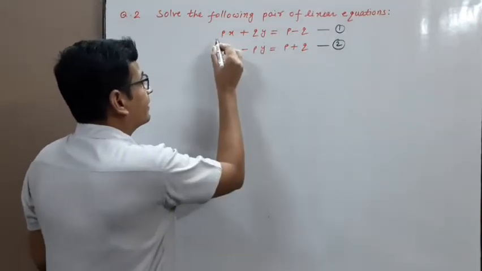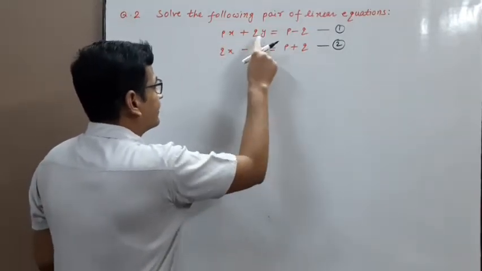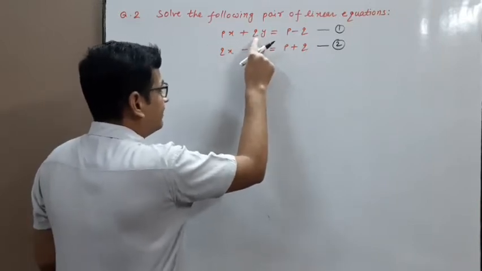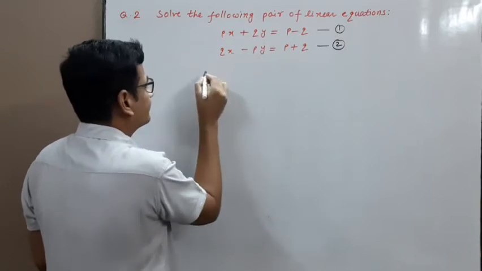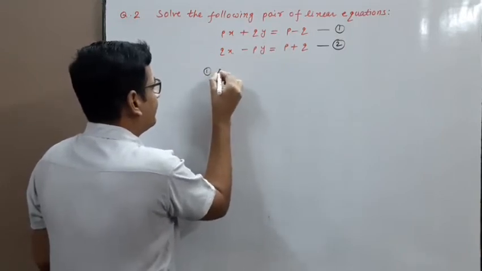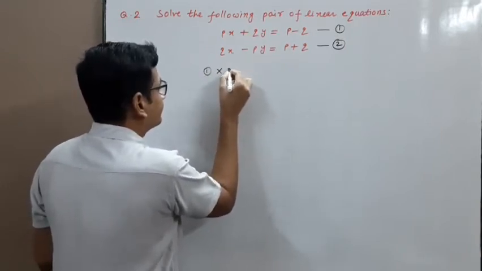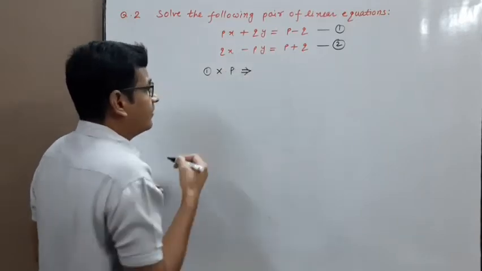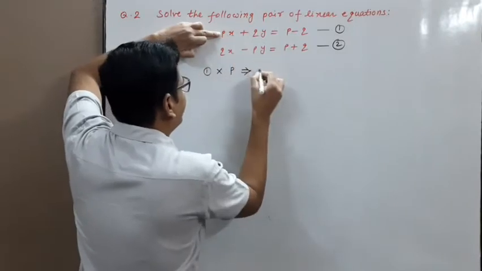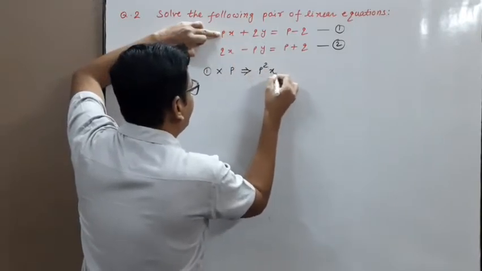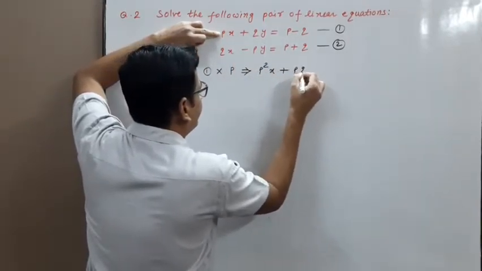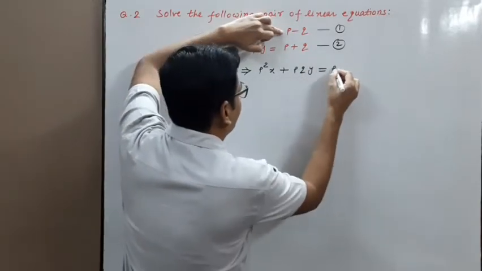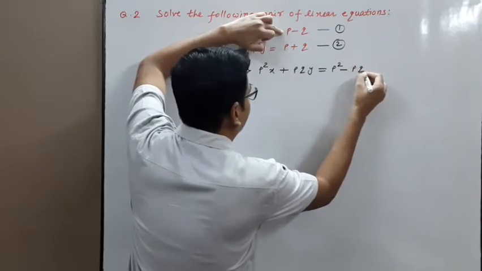First steps. Here px, here qx, qy, py. So cross multiply. Equation 1 with p and 2 with q. Multiply equation 1 by p. We get p into p, p square x plus pqy is equal to p square minus pq.